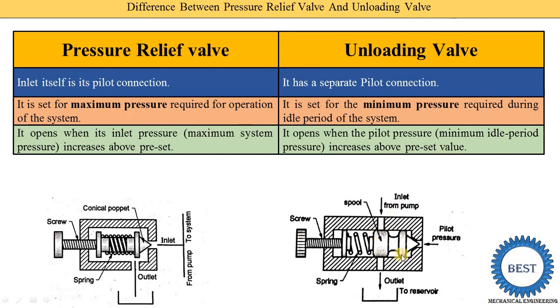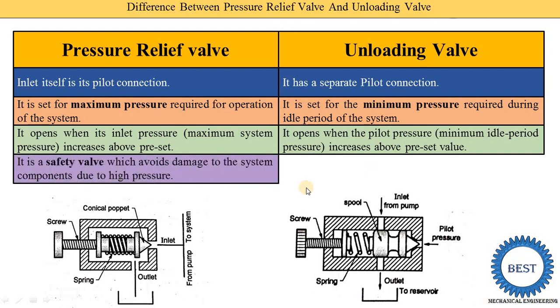Here the preset value is 6 bar, and when the pilot pressure is increased above 6 bar, it opens. Both these valves are normally closed type valves, meaning in normal condition both valves are closed. The pressure relief valve opens when pressure goes above the preset value, and the unloading valve opens when it goes to the minimum preset value.